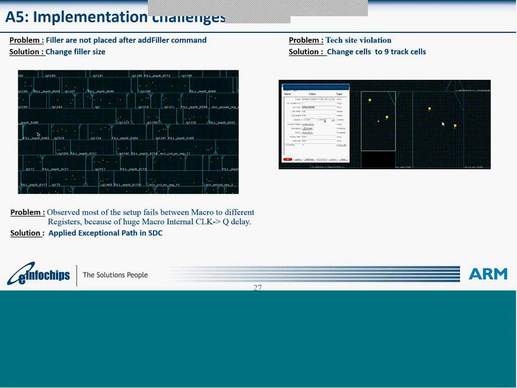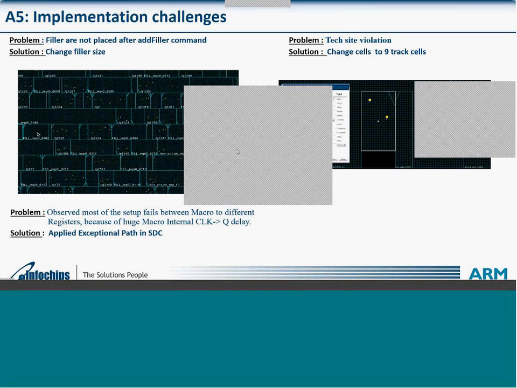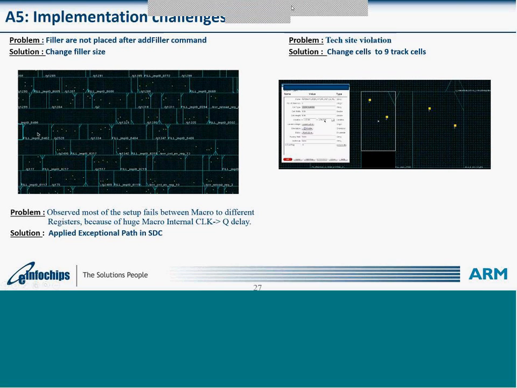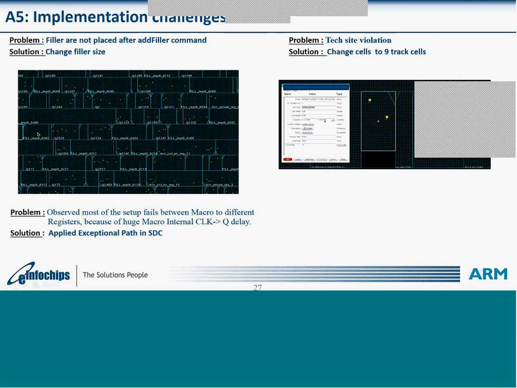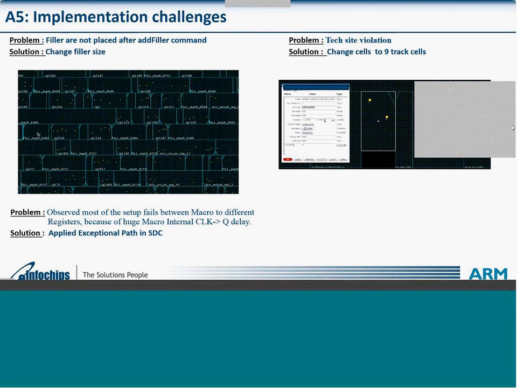Basically, the cell height of the 7-track library was incorrectly edited, showing the 9-track cell height. So the tool was picking that 7-track library since that cell height was not correct. Then we figured it out and changed our flow. Basically, we put them in the list of all the 7-track libraries, and then it was picking the right set of standard cells.